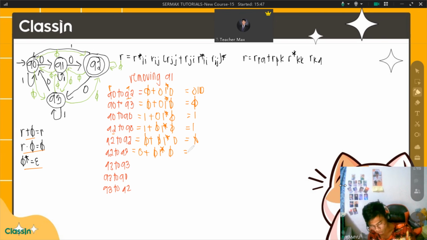So therefore, what is going to happen for 0 plus the null and 1 with the null? So for this one, multiply 1 with the null, it will become null. So null and null will be null. So plus 0, that is 0. So therefore, your answer here will become 0.